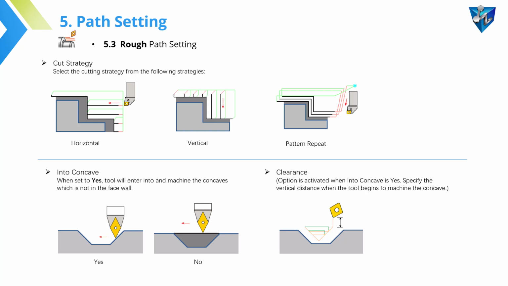Into concave allows you to control whether the tool enters concave areas that are not part of the flat face. And for clearance, this option is only activated when you set into concave to yes. It's used to specify the vertical distance at which the tool begins machining the concave areas. These parameters play a vital role in defining how the roughing operation proceeds.